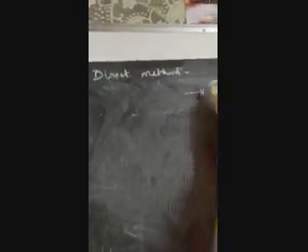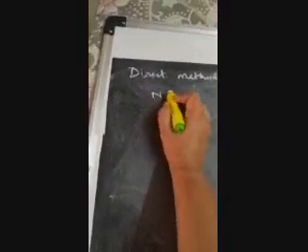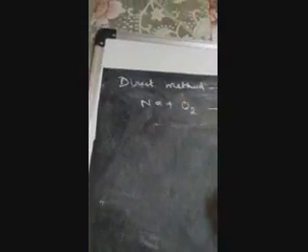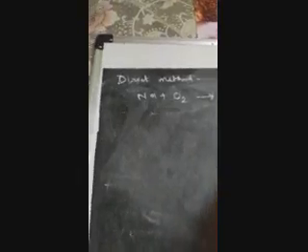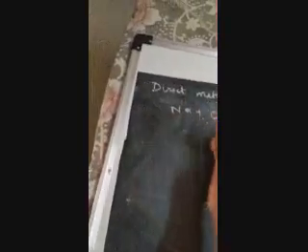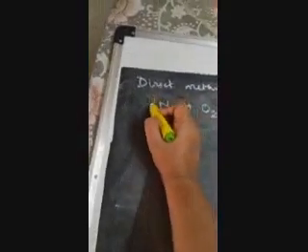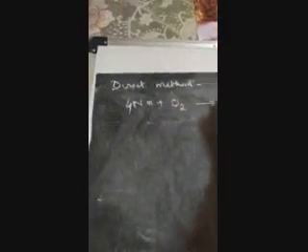So direct method means sodium, you will get it from sodium metal, and oxide we will get from oxygen. So these two will combine and will give you Na2O. Just balance it.